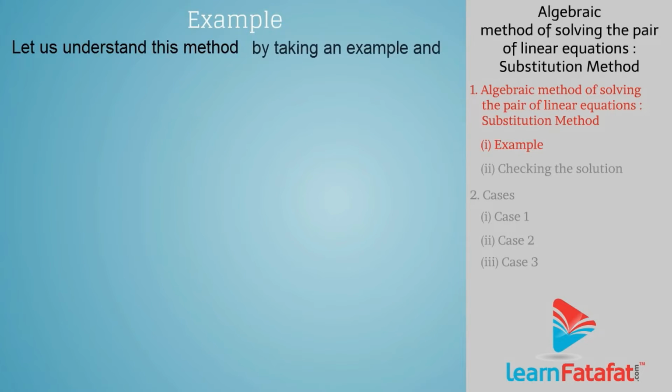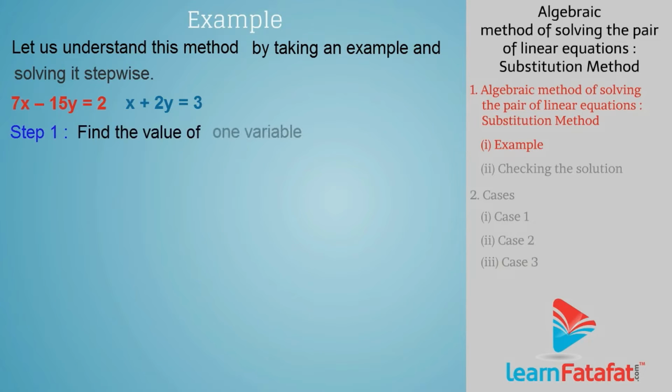Example. Let us understand this method by taking an example and solving it stepwise. Consider 7x minus 15y is equal to 2 and x plus 2y is equal to 3.